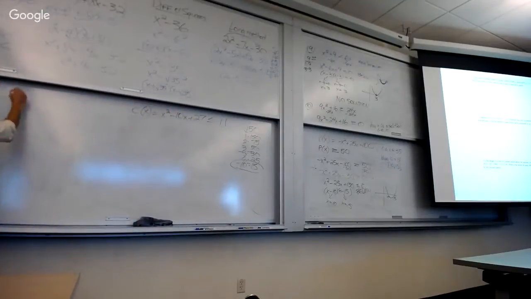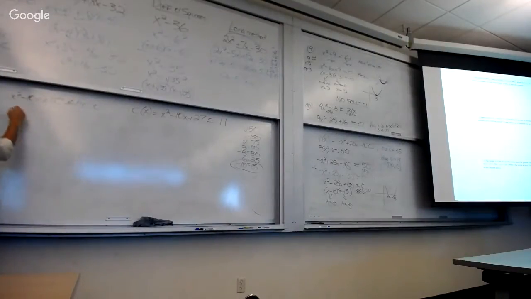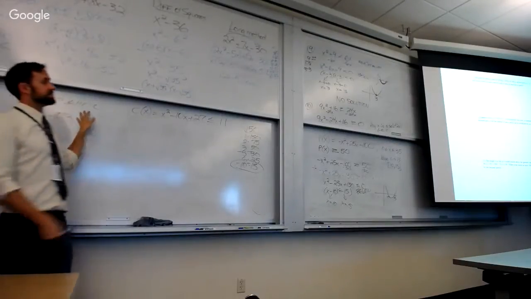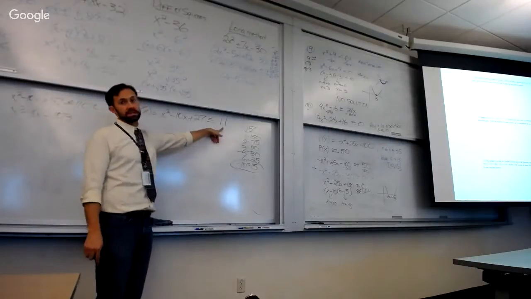Had you left it as x squared minus 10x plus 27 less than or equal to 1,100, and then you brought the 1,100 over, that would not have been factorable. So you'd have been stuck in this position like, oh, gee whiz, what's happening? Why can't I factor this thing? It's because we have to be very careful about our units. They're saying the cost is in hundreds. And so if the cost is 1,100, the number we put there is actually 11.